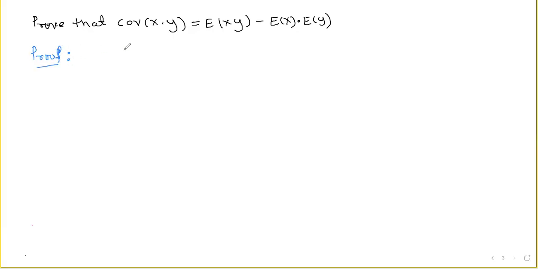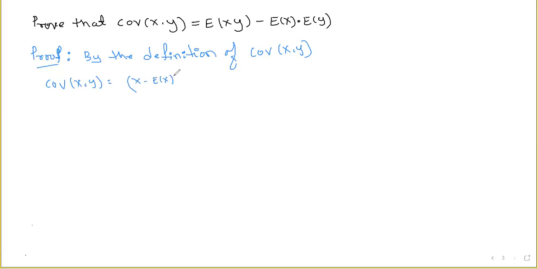Proof, right? By the definition of covariance between x and y. So what our definition says is covariance of x comma y is equal to expectation of x minus expected value of x into y minus expected value of y, for this whole expectation, right?